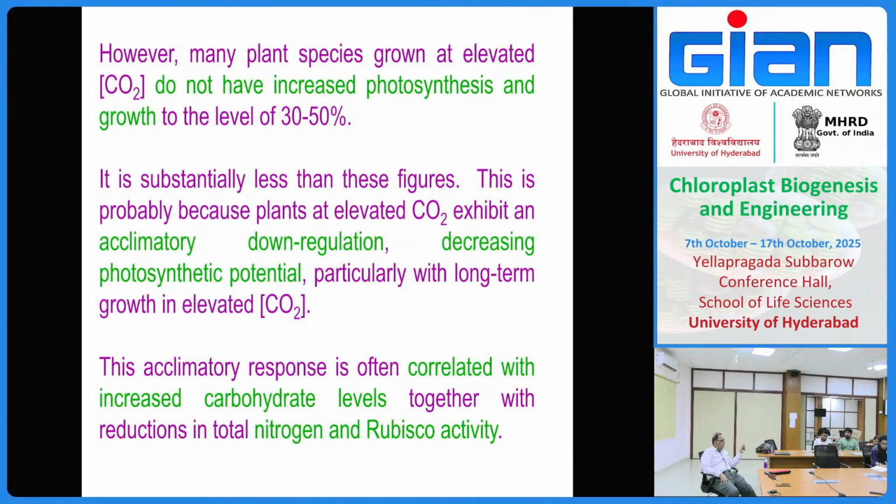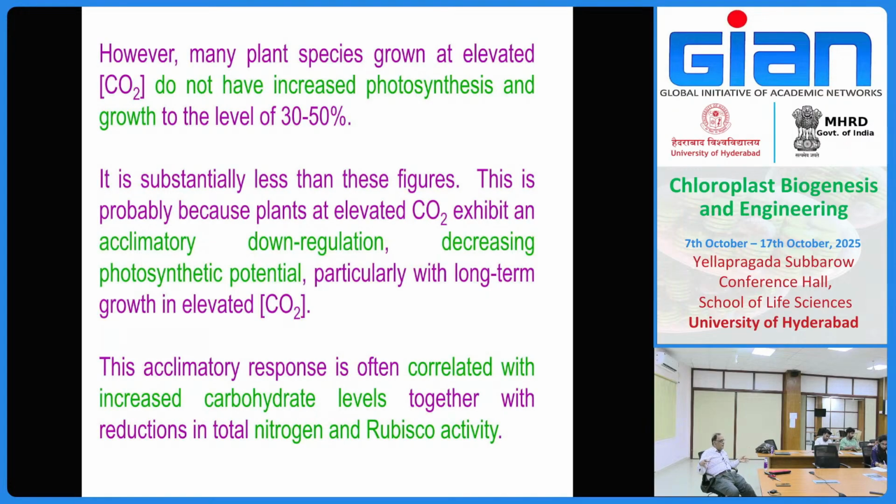Pollen grain setting will be reduced. Pollen grain germination will be reduced. Pollen grain formation will be reduced. When pollen grain formation is reduced, what is going to happen? Fertilization will be less, flowering and fertilization less, so less seed formation.